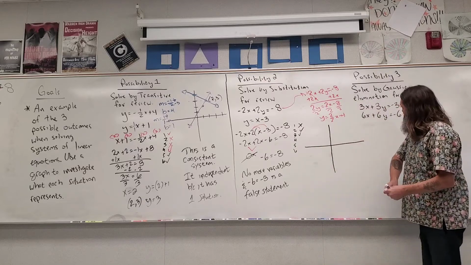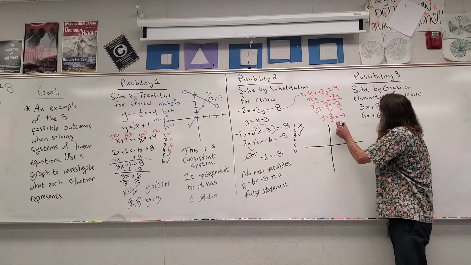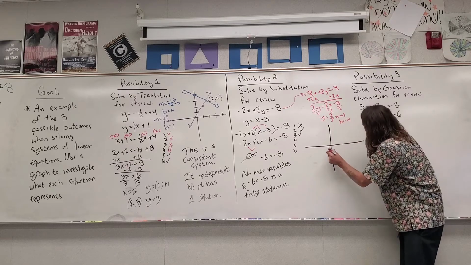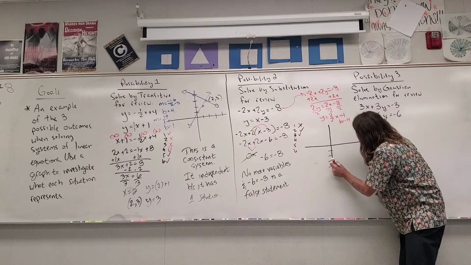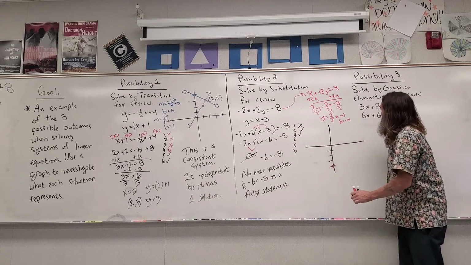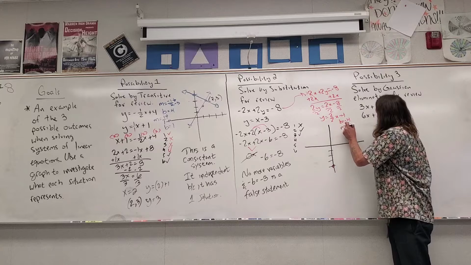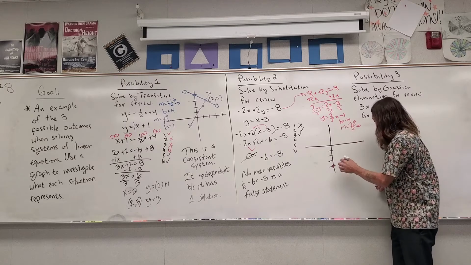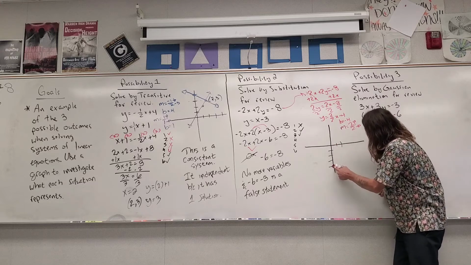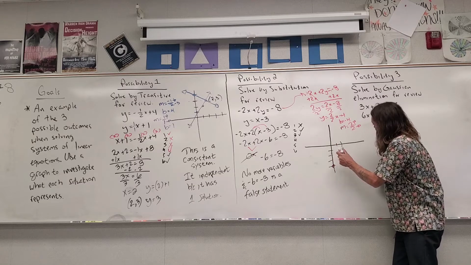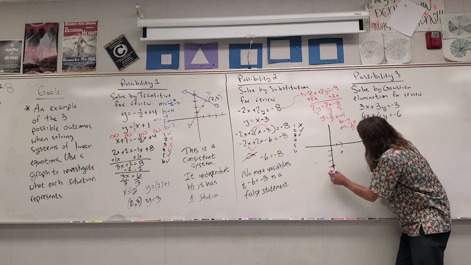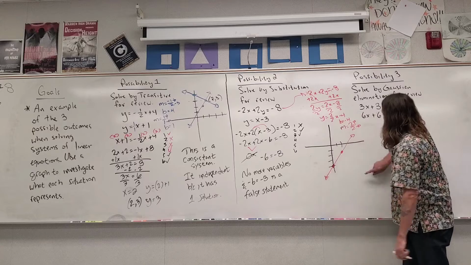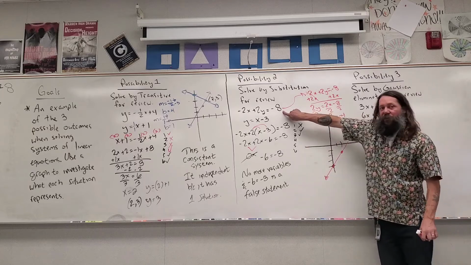Okay, my first equation right here, I know that my b is minus 4. So I begin at minus 4, 1, 2, 3, 4. I know that my m is 2 over 2, so I rise up and I run right from here. So I go up 1, 2, and then 1, 2 there. And I connect. So this is the line that represents this equation.